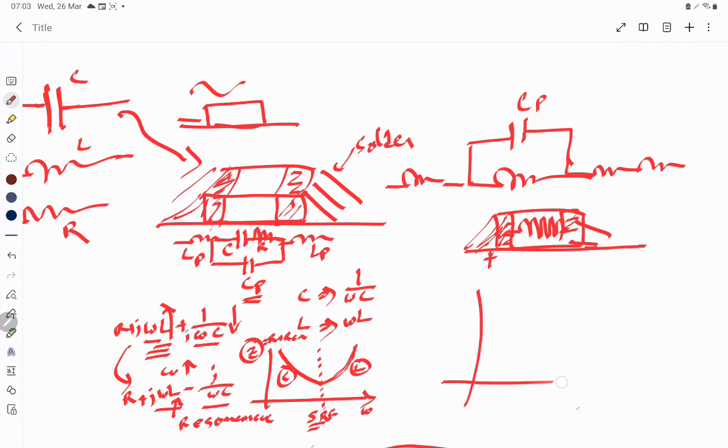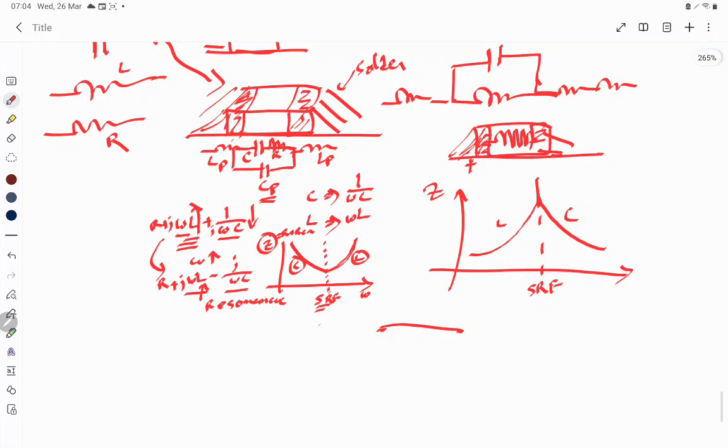So here also we shall see a nature where, with frequency, your lumped component will first work as an inductor only. Inductive impedance will go up, and then after a certain SRF, depending on the physical structure of the component, it will go down, because the capacitive nature will take over.